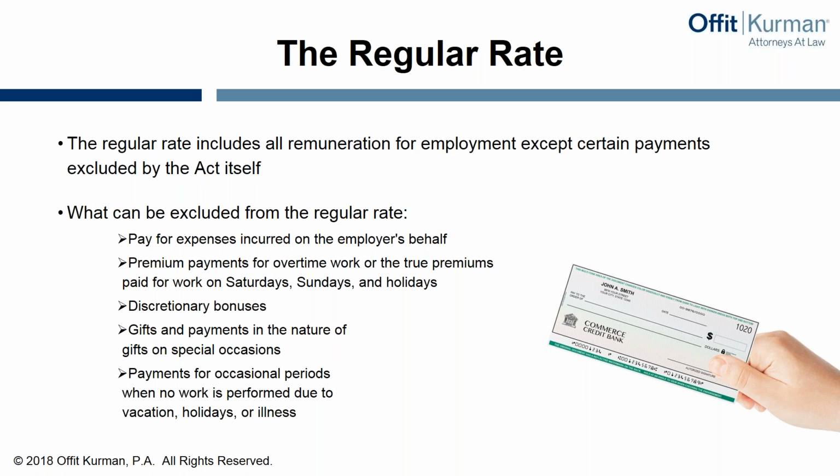So if you pay for sick leave, which everyone in Maryland with 15 or more employees has to offer paid sick leave now, that paid sick leave wouldn't be incorporated into the regular rate, nor would vacation, general PTO, holiday pay, those sorts of things. So that's what's excluded from the regular rate.